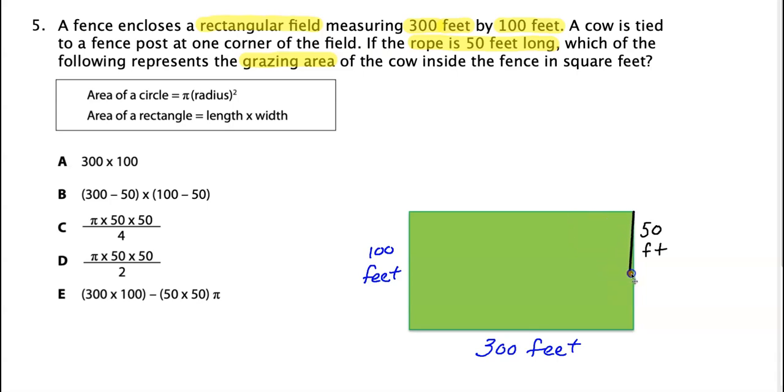Hopefully you can see that the grazing area, based on that demonstration, is part of a circle. In other words, this piece right here is the grazing area. So the goal here, let me try to draw that a little bit better. The goal here is to find this area right here. This is his grazing area.